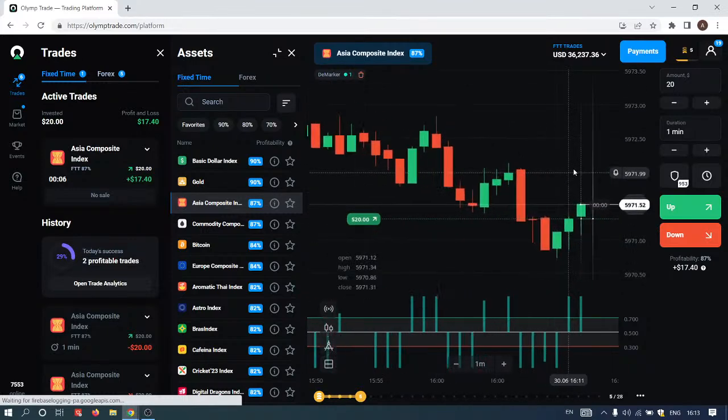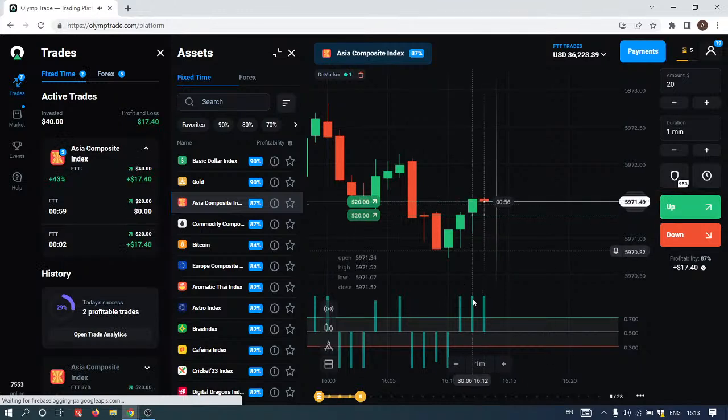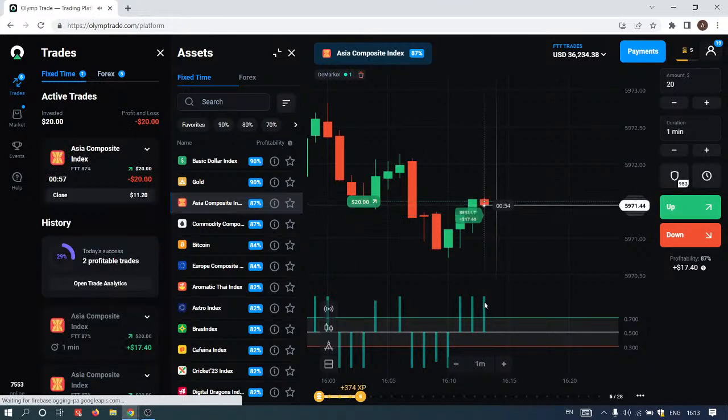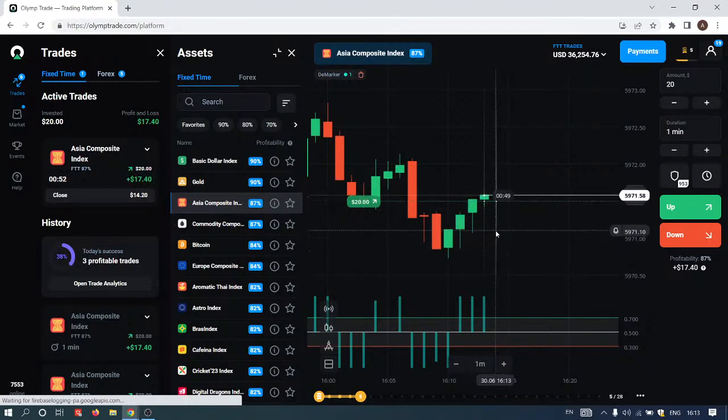Okay, so I think this one looks like everything's going to be all right, and the next dash appears right away. So here we are with a new dash pointing upwards, and yeah, a new trade in the upwards direction.